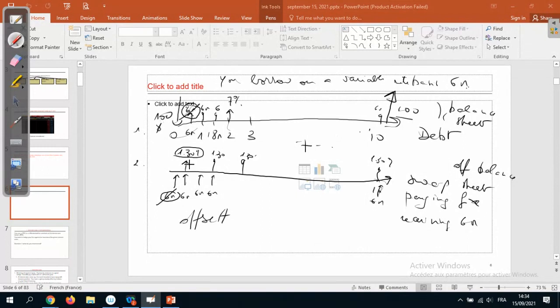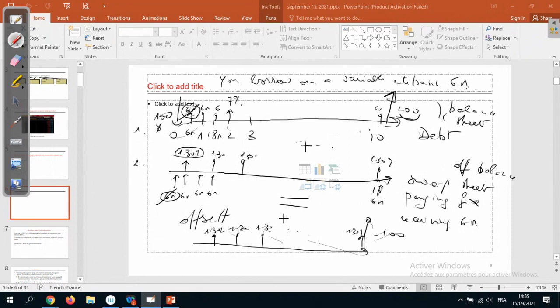What remains is 1.30, 1.30, 1.30, and at the end you will reimburse 100. So I have a debt paying 1.30% each year, and at the end I reimburse 100. A variable rate debt plus a swap is equal to a fixed rate debt.